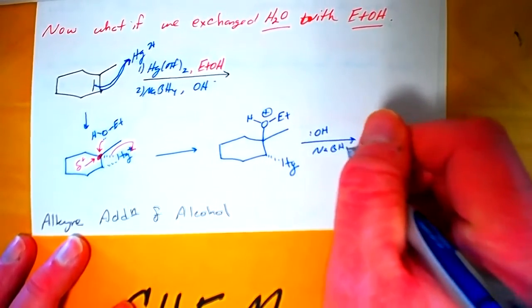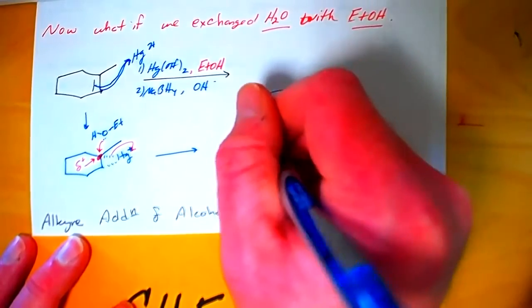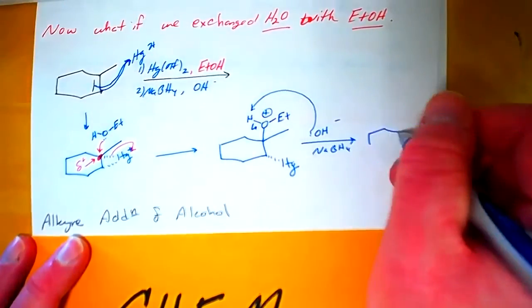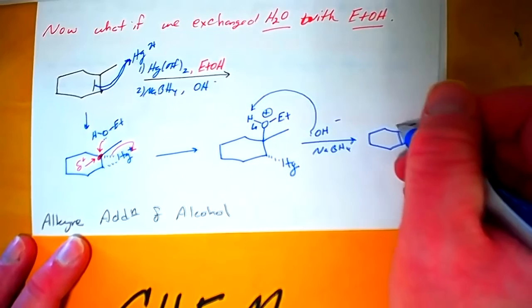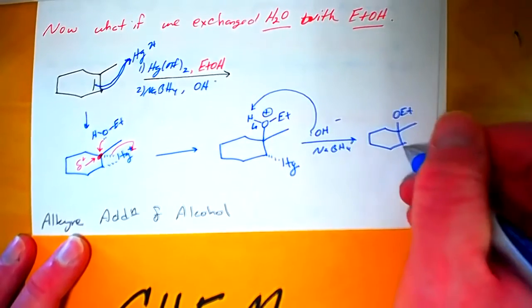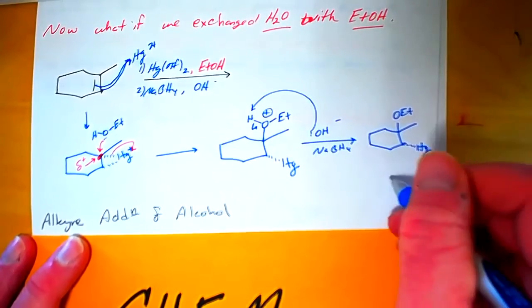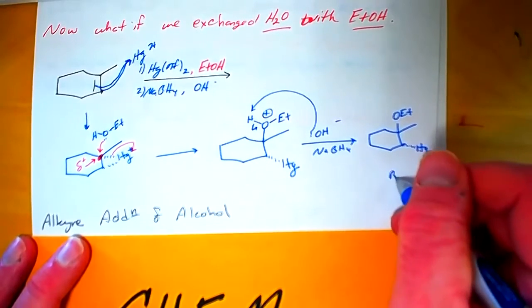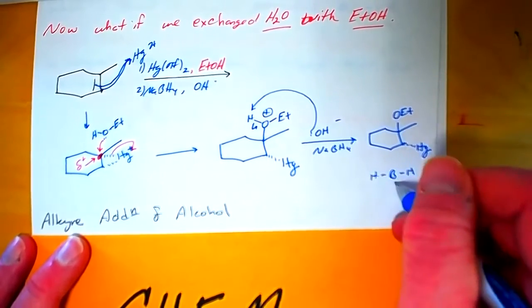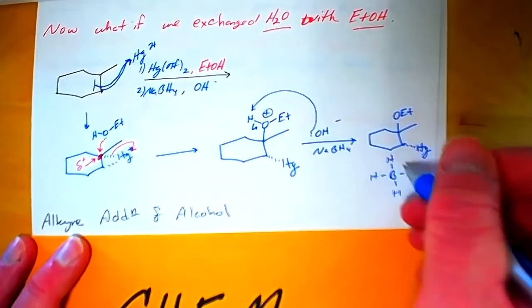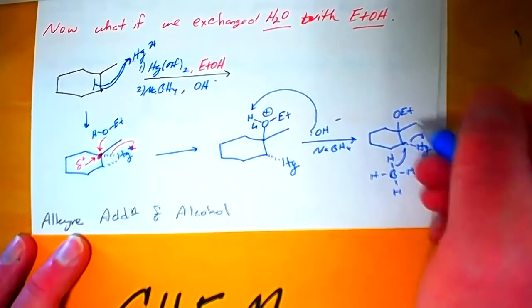So the hydroxide will remove that acidic hydrogen. And then the mercury is going to be reduced off with the sodium borohydride, which effectively transfers H minus into that.